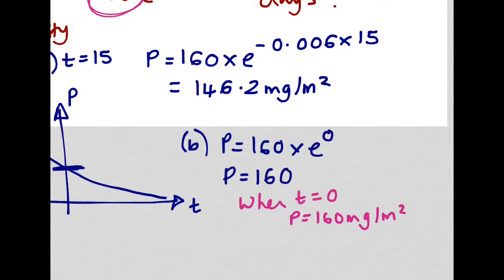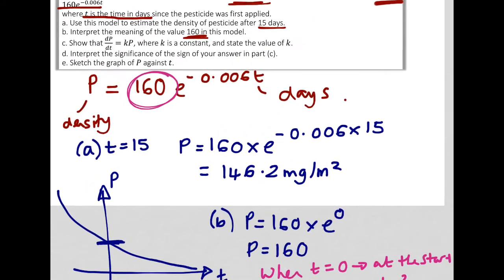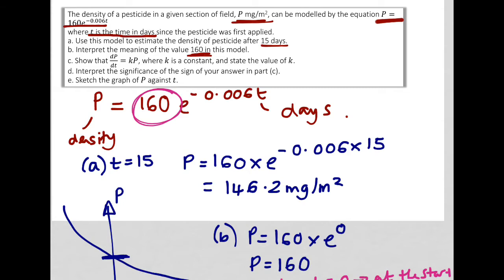And I would even write here at the start, because that's quite important. Because if we go back to the question, the density of the pesticide at the start is 160.